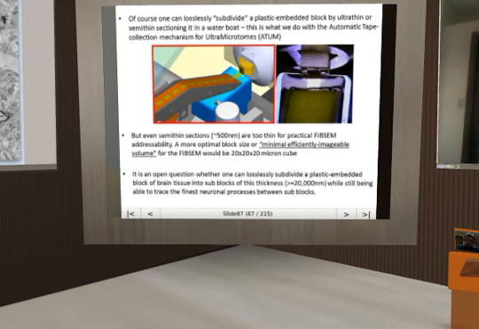So there's an optimal size for subdivision, and I'm claiming here that it's about a 20 micron by 20 micron by 20 micron cube, roughly in that area. It's an open question whether one can losslessly subdivide a plastic embedded block of brain tissue into subblocks of this thickness, this 20,000 nanometer thickness, while still being able to trace the finest neuronal processes between subblocks.